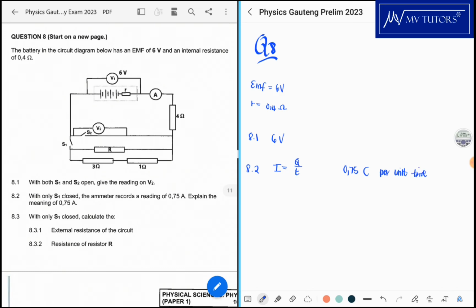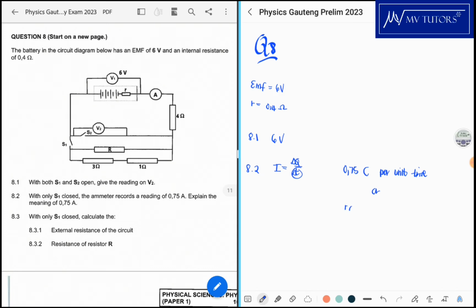So 0.75 coulomb per unit time, or you could say the rate at which. As soon as you see delta T or T, delta Q over delta T, think about the rate.